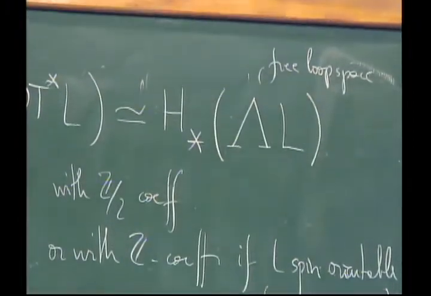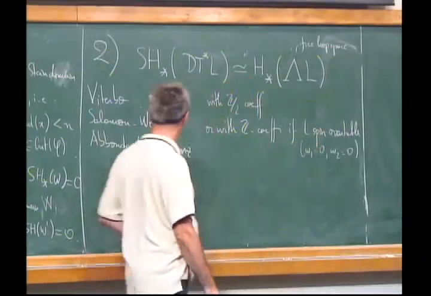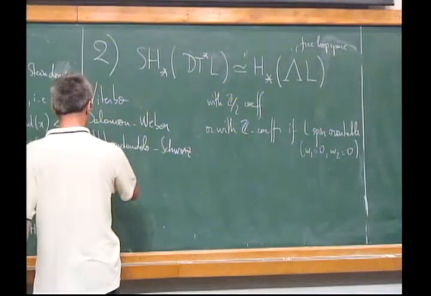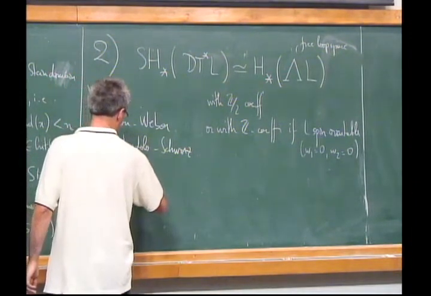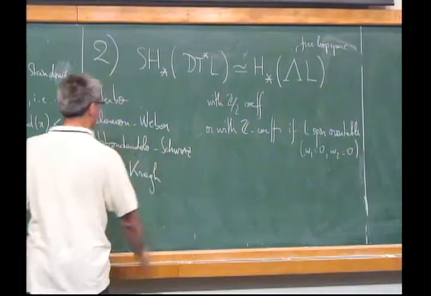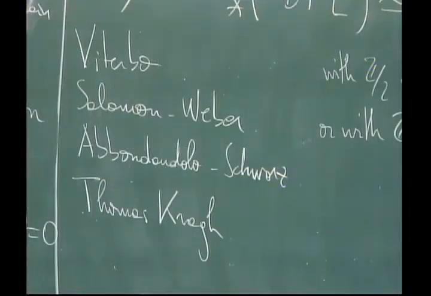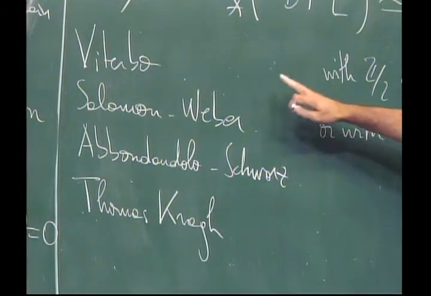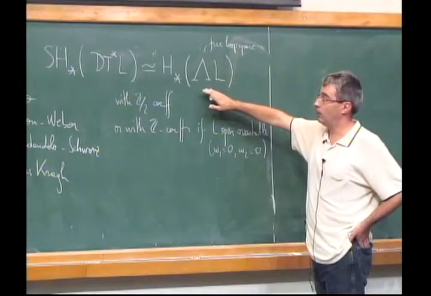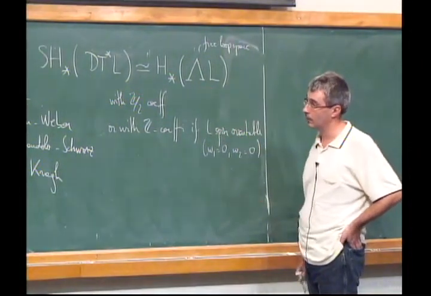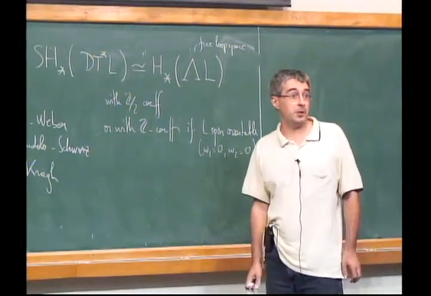And concerning this spin condition, here one has to quote Thomas Kragh, from MIT. So the one thing that I'm going to use, in the vein of the original paper of Viterbo, is that the homology of the free loop space is non-zero.